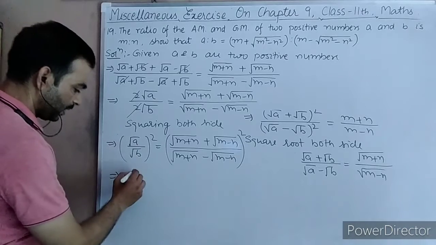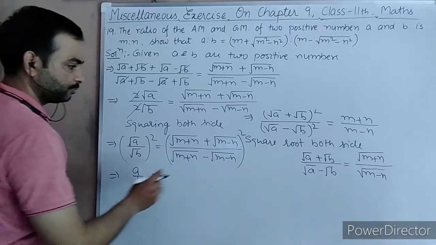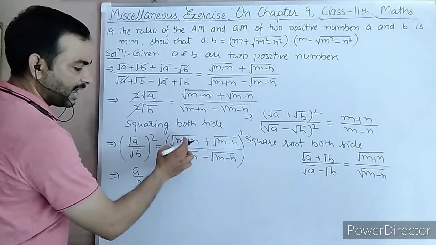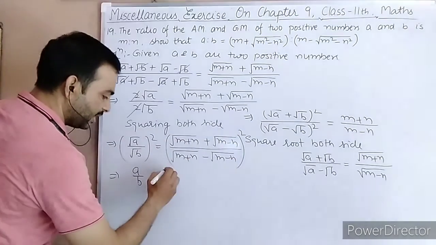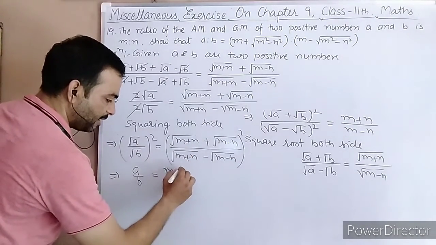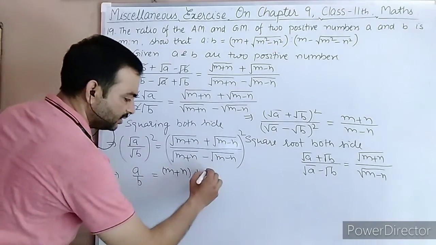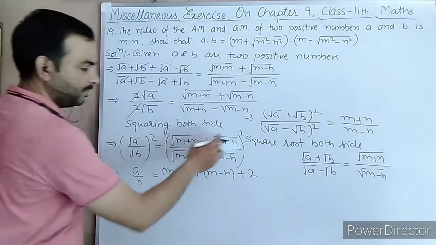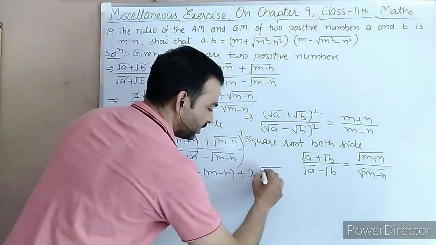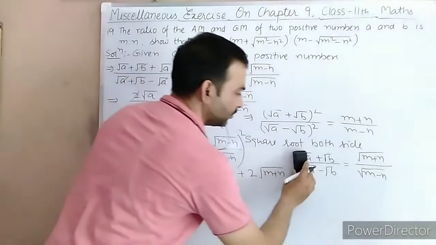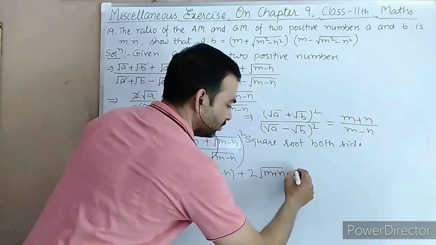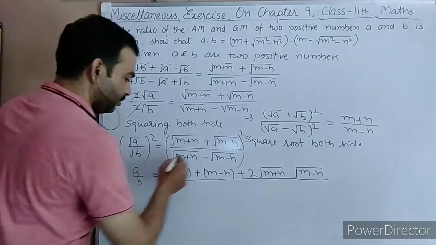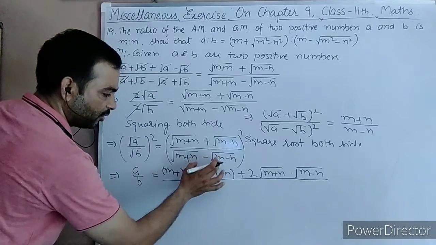So this implies a by b is equal to the square of numerator and square of denominator. Using the identity (a plus b) whole square, we get a square means m plus n, b square means m minus n, plus 2 times the multiplication of these two, that is root m plus n multiplied by root m minus n, divided by the squaring of the denominator.